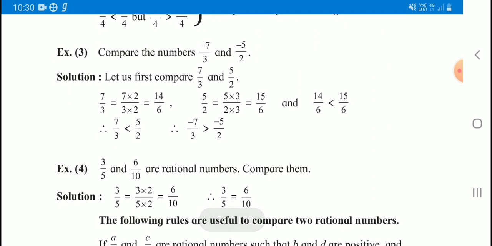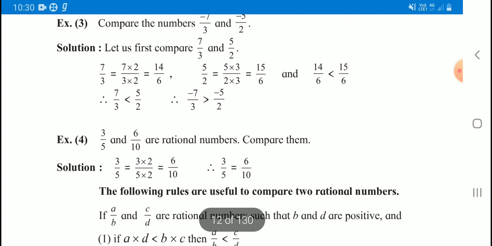Again they have given one more example. You have to compare the rational numbers negative 7 upon 3 and negative 5 upon 2. Here, if you see these two rational numbers, the denominator of the first number is 3 and the second one is 2. So first we have to make the denominators equal.